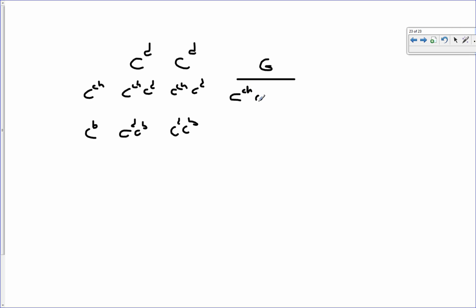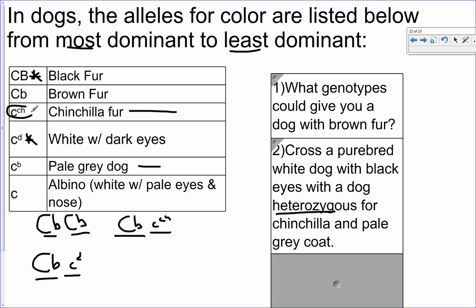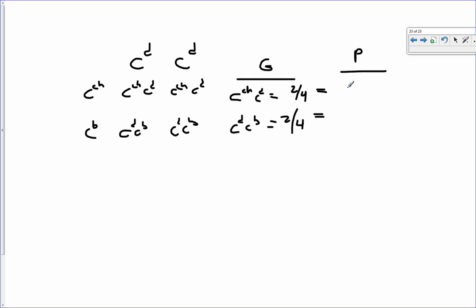So this is going to be the chinchilla. That sounds kind of funny to think of a chinchilla dog, but it's just this kind of grayish combination of fur. And then we've got the other one, C D, C little b. So if we look at our scale here, C D is more dominant over C little b. So these last 2 dogs are going to be white with dark eyes, as opposed to completely albino.